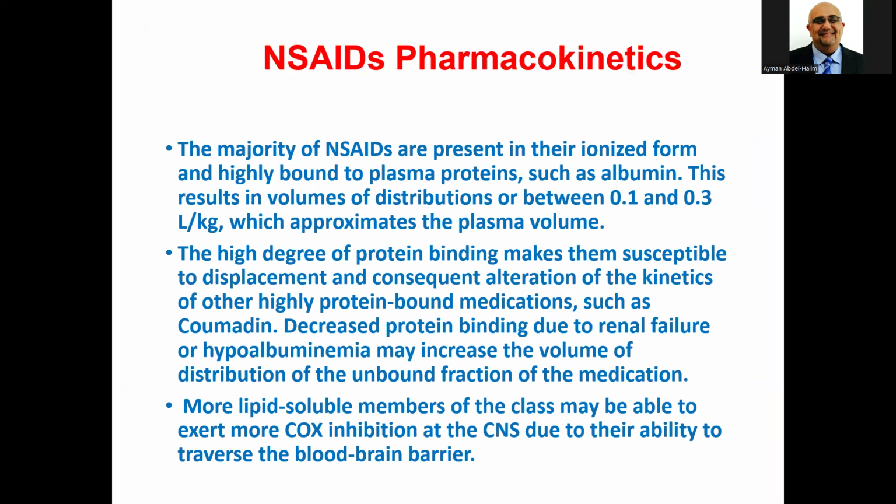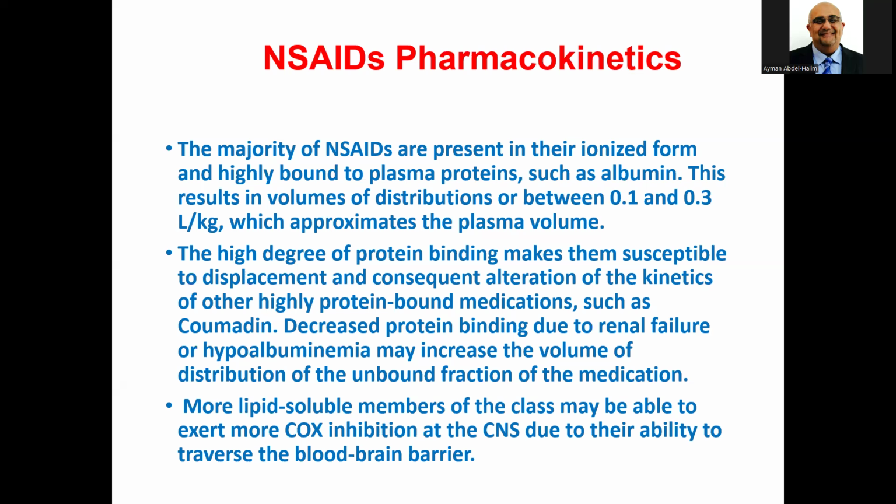Okay, the NSAIDs pharmacokinetics. The majority of NSAIDs are present in their ionized form and highly bound to plasma proteins such as albumin. This results in a volume of distribution between 0.1 to 0.3 liter per kilogram, which approximates the plasma volume.